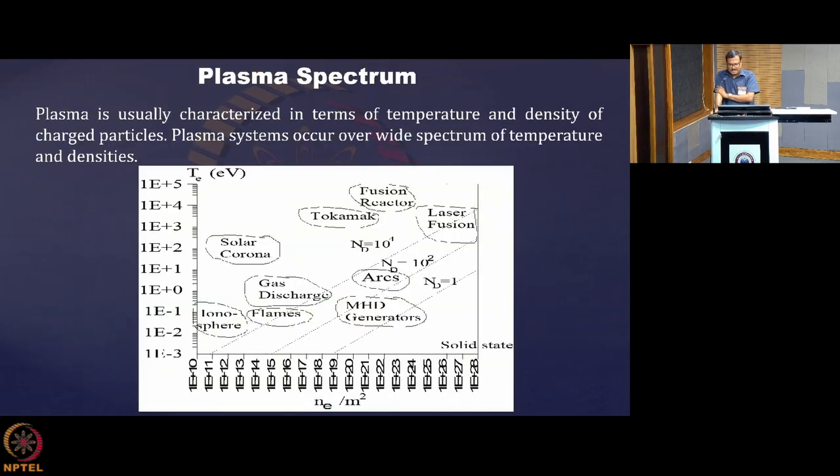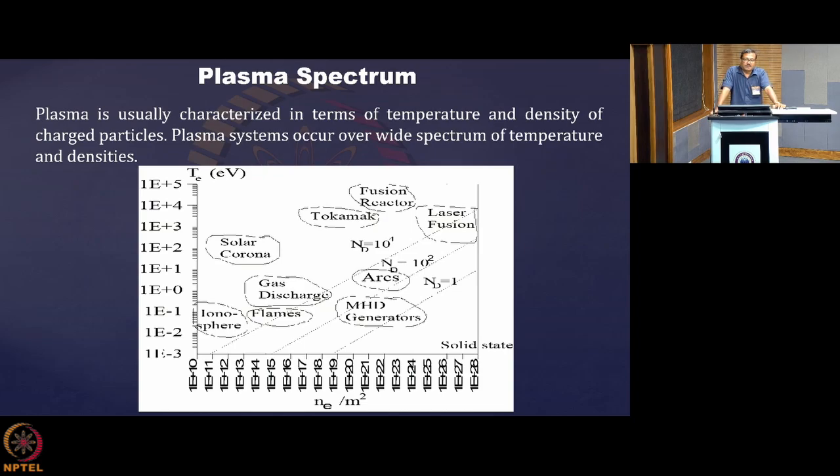Now, I told you that different kinds of plasma can be generated, and in this slide I am showing you the different kinds of plasma in terms of temperature and density. Basically, temperature and density are the two parameters usually used to characterize any plasma. And you can see in that slide that it goes from the ionosphere at the bottom left corner to the laser fusion at the upper right corner.